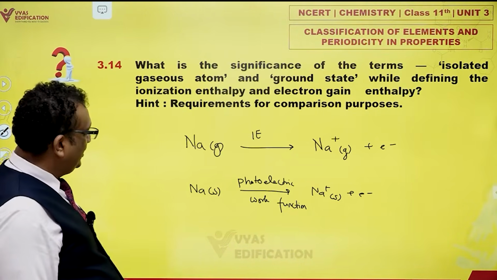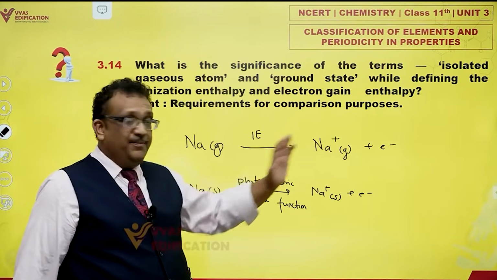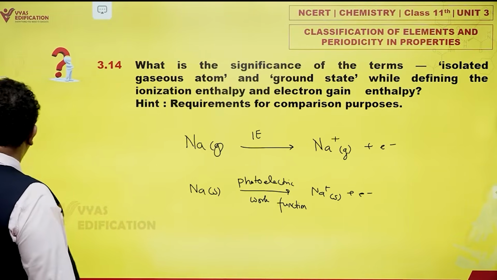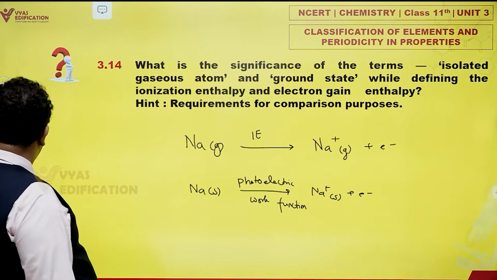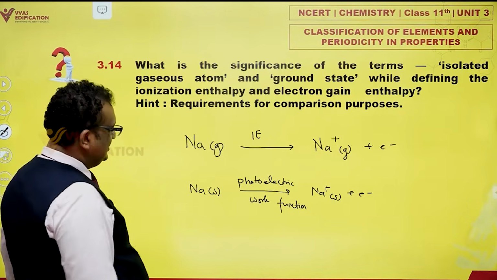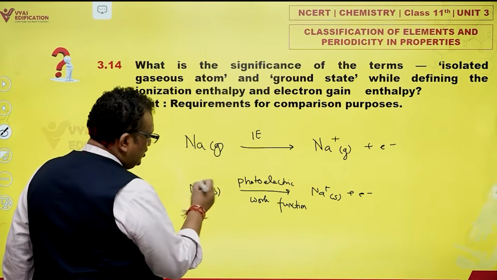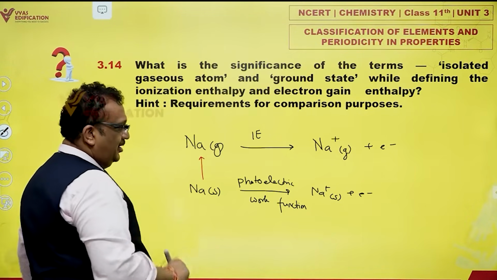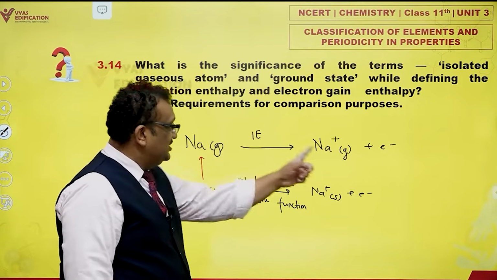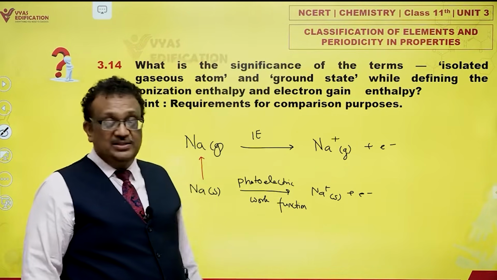As a matter of fact, if you want to convert Na gas to Na plus gas, and you just want to see the difference, watch this. Na solid to Na gas. When I'm trying to judge if these differences are the same, they're not the same.